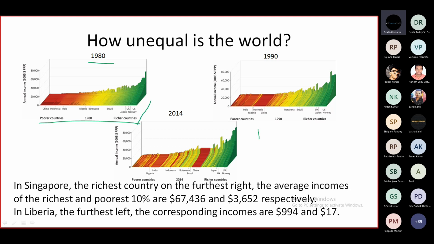And here, we divided each country's population into 10 groups in terms of their income levels. So the bottom 10 is the poorest 10% of the population, and here you have the richest 10%.